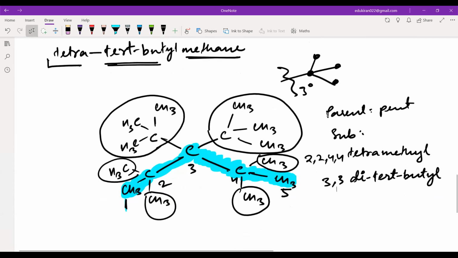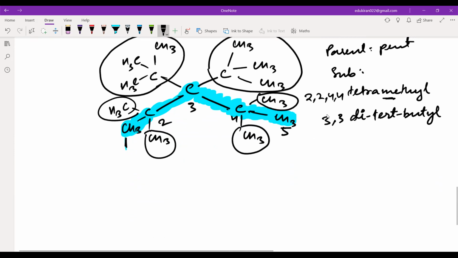So the name will be, so here we have methyl and here we have butyl. So first of all butyl will come.